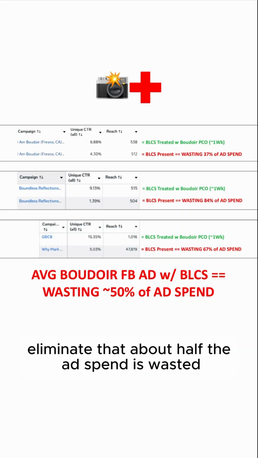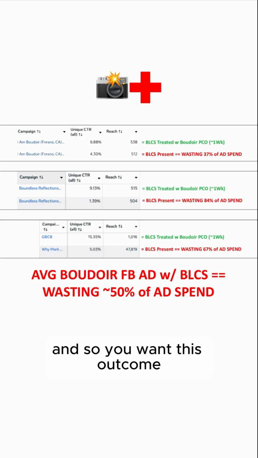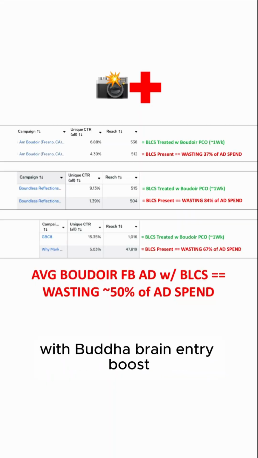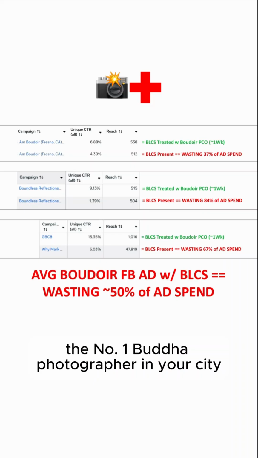Eliminate that. About half the ad spend being wasted, and eliminate that and put that 5K back in your pocket instead of the Zuck's pocket, and that'd be approximately 60K over the next 12 months. And so you want this outcome, and you also want to achieve pre-click alignment to become a dominant Boudoir advertiser with Boudoir Brain Entry Boost, because you need this to achieve that on your path to becoming the number one boudoir photographer in your city.